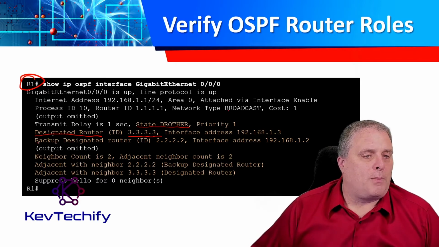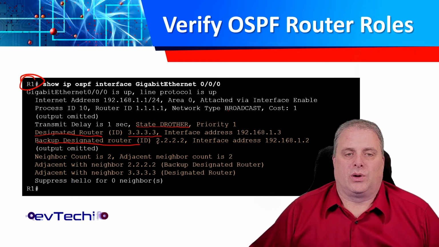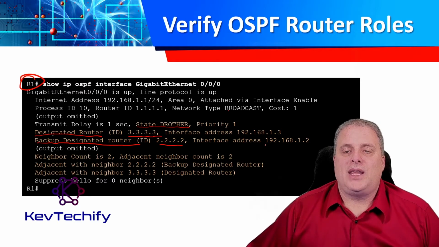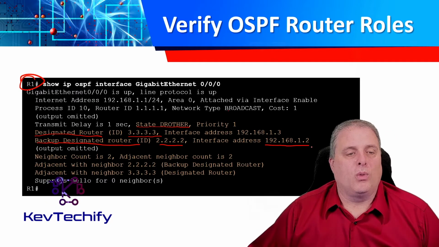Then we list out our backup designated router, which was the second highest one, 2.2.2.2, and that is the IP address 192.168.1.2. That was the gig 0/0 interface on R2 that connects to the switch, that multi-access network.